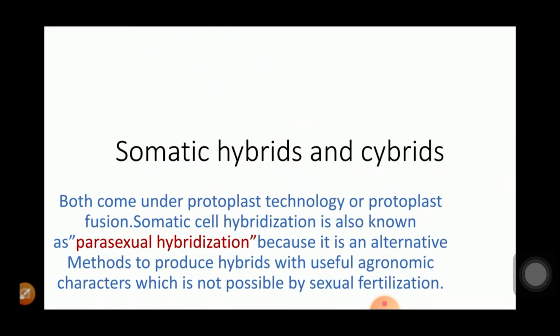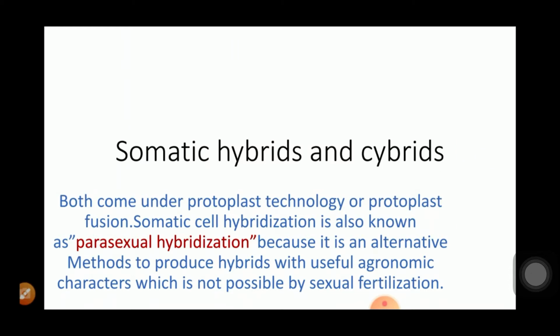What is the meaning of non-nuclear genome here? There are two examples of non-nuclear genome, that is plastids and mitochondria. You know that these two cell organelles are called autonomous cell organelles because they have their own ribosomes and their own DNA, called plastid DNA and mitochondrial DNA.